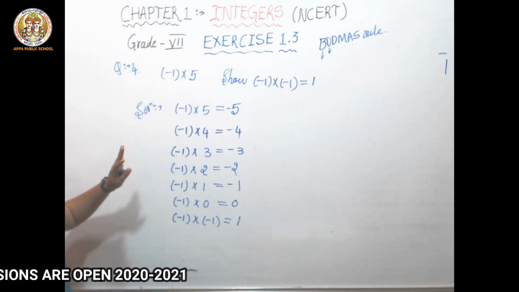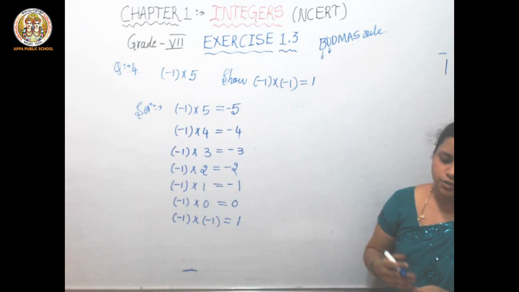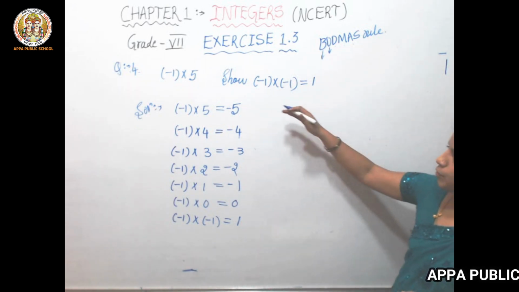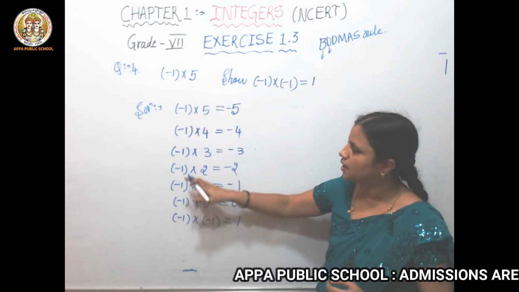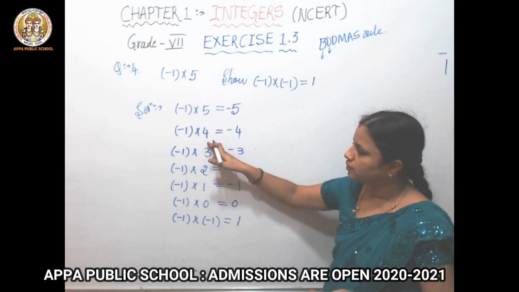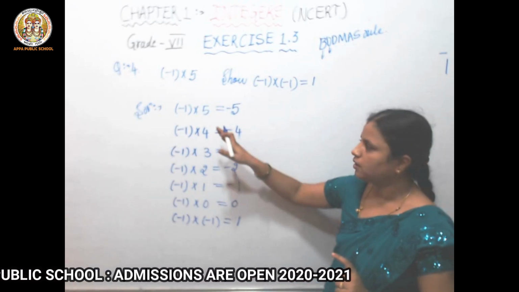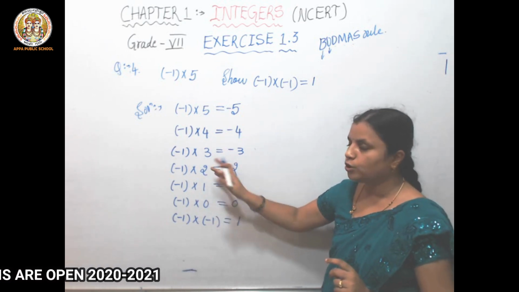See here, the question asks starting from minus 1 into 5 with the various products. These are the various products and we are following the pattern. Which is the pattern here? Like 5, 4, there is a difference of 1. 5 to 4, 1, 4 to 3, 1, 3 to 2, 1, 2 to 1, 1.